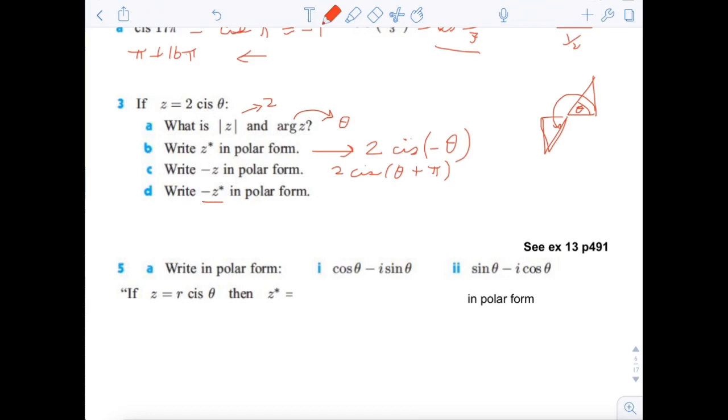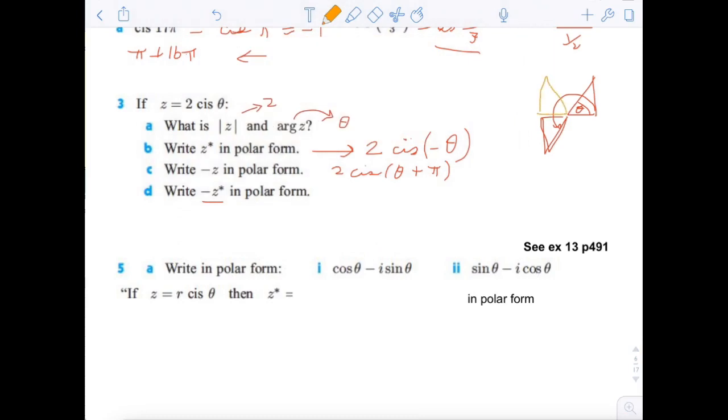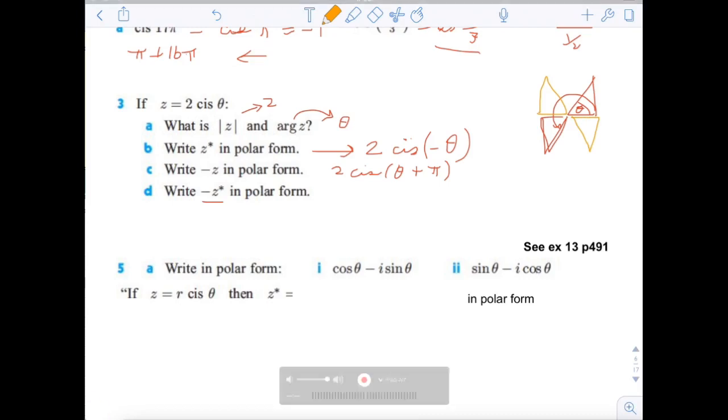What about writing negative z conjugate in polar form? So that would be this triangle here. So you take the conjugate and then you take the negative of that. This is an interesting question that I never thought about before.